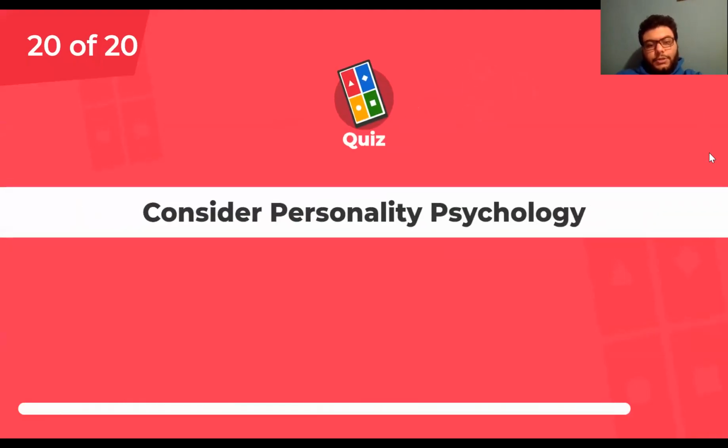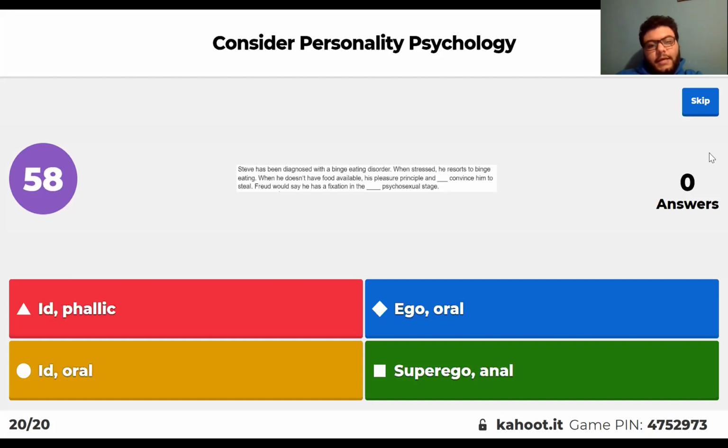In personality psychology, Steve has been diagnosed with a binge eating disorder. When stressed, he resorts to binge eating. When he doesn't have food available, his pleasure principle, and what is related to his pleasure principle, convinces him to steal. Freud would say he has a fixation in which psychosexual stage?